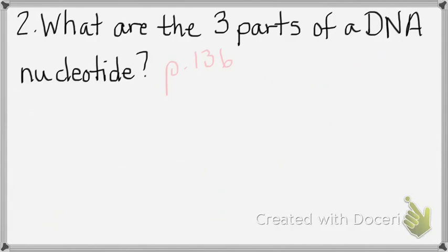And just real quickly, in the little box on the left that's kind of a creamy color, they have two nucleotides there, hydrogen bonded together. So what are the parts of a nucleotide? A phosphate, a 5-carbon sugar, and a nitrogen-containing base. And on page 136, the bases are G and C in that example.